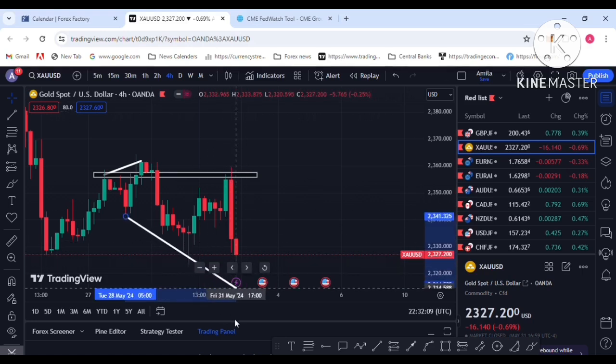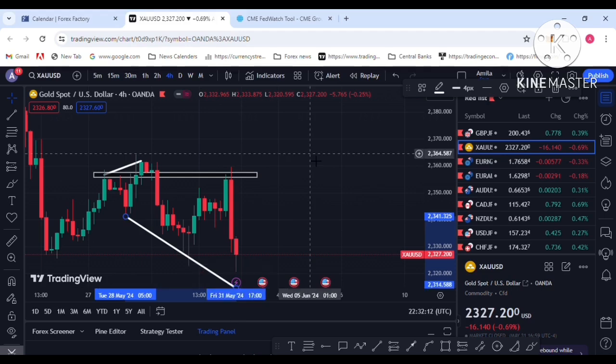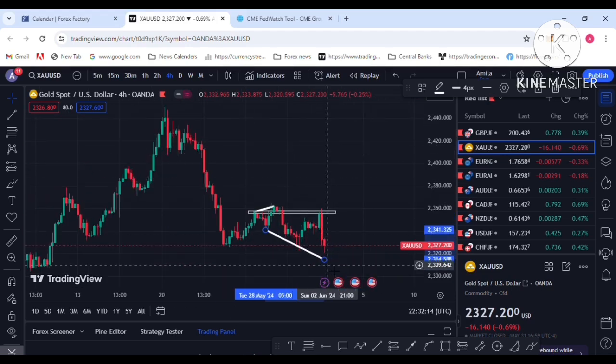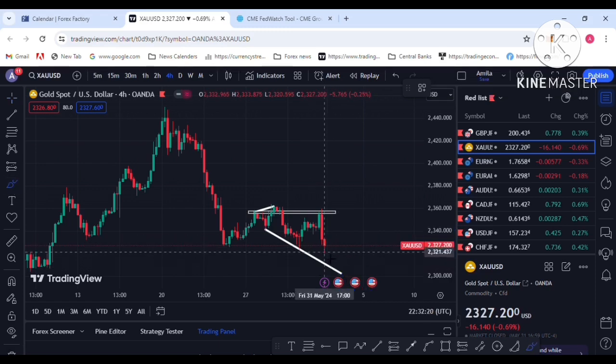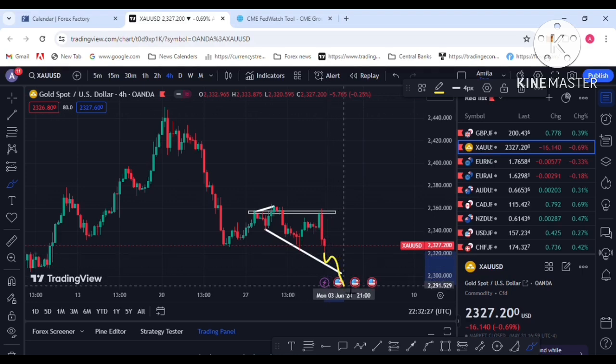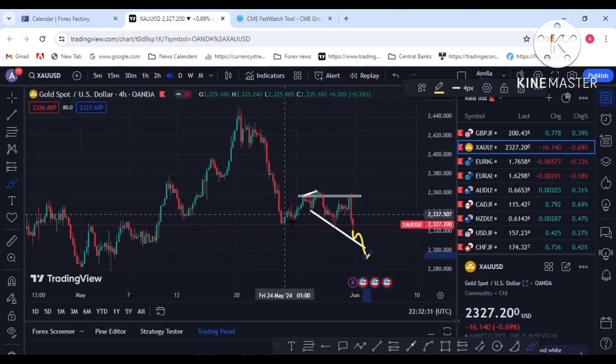I am hoping price will bounce from this trend line area. Going again to the 4-hour chart, this is the trend line. I am hoping price will bounce from this trend line, retest the above support area, and drop again. This is the price action I am hoping for next week: drop to the below trend line, retest the support area, and drop.